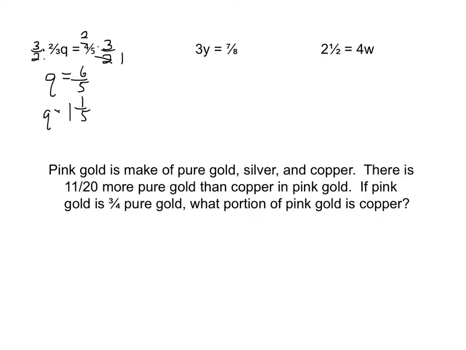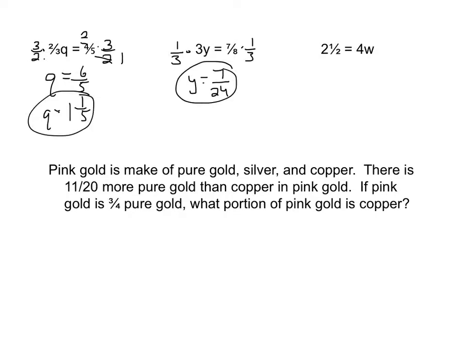So now you go ahead and pause the video and try the next two on your own. If we have 3y equals 7/8, we can divide both sides by 3, but once again, because we have a fraction on the other side, I'm just going to go ahead and multiply by the reciprocal. So y is going to equal 7 times 1 is 7, 8 times 3, 24, or 7/24.